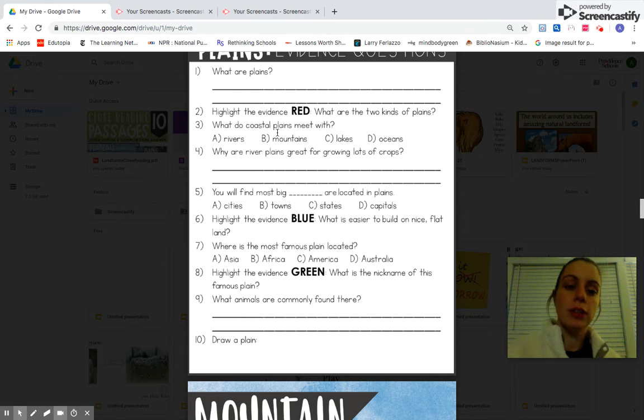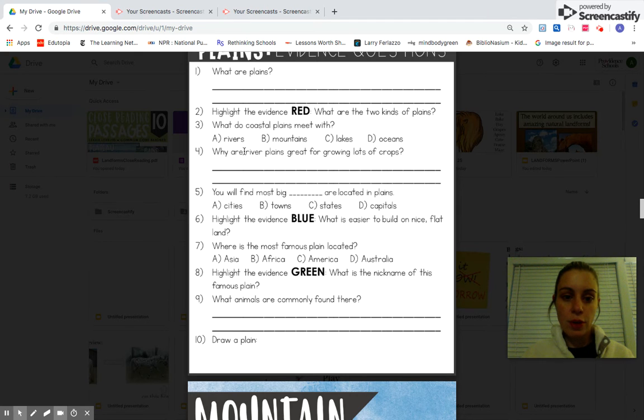Number 4, why are river plains great for growing lots of crops? Now pause. Okay? First thing you have to do is flip the question. So river plains are great for growing lots of crops because.